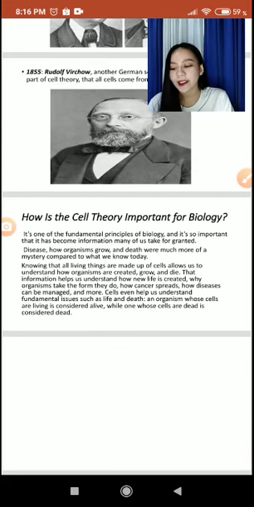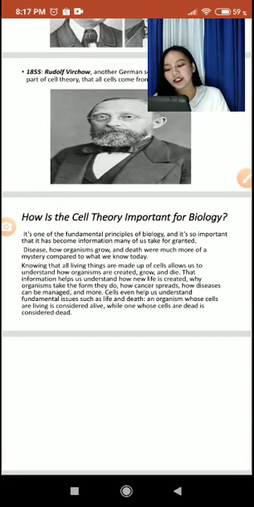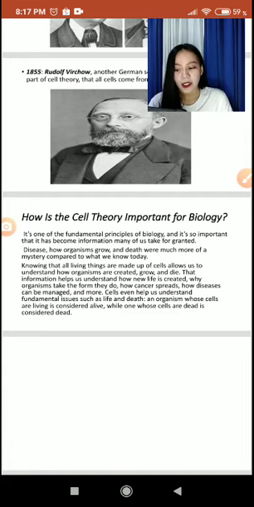Knowing that all living things are made up of cells allows us to understand how organisms are created, grow, and die. That information helps us understand how new life is created, why organisms take the form they do, how cancers spread, how diseases can be managed, and more.